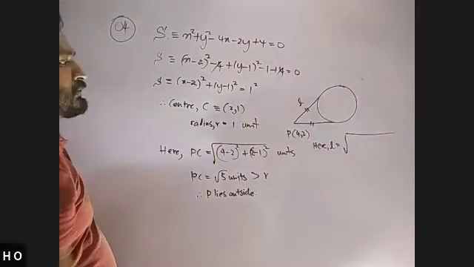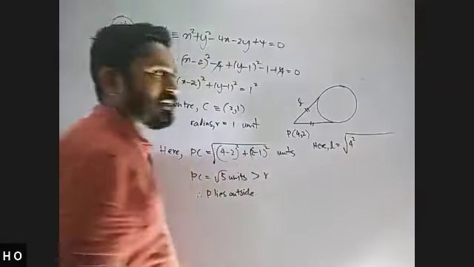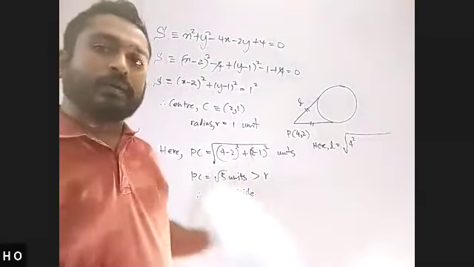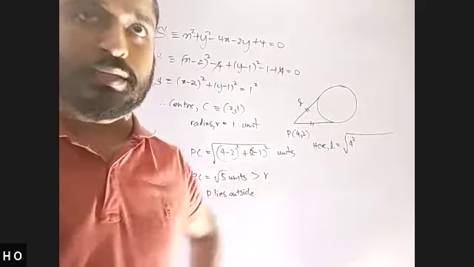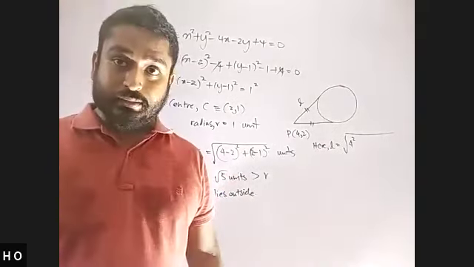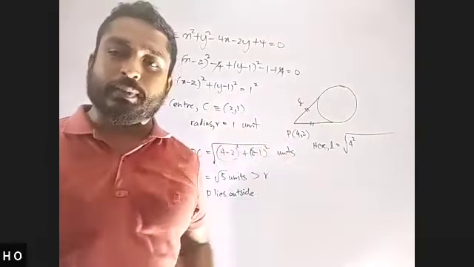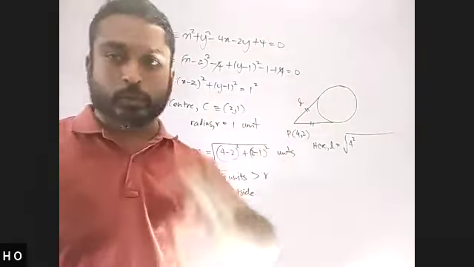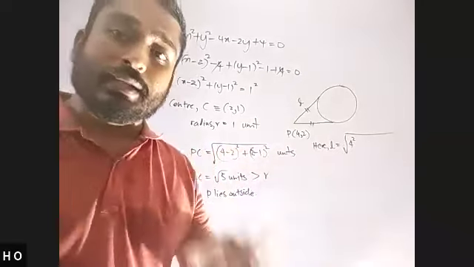To find the length, you have to directly substitute the coordinates into the circle. So just remind the formula: once the point outside is x naught, y naught, and the circle is given as S: x squared plus y squared plus 2gx plus 2fy plus c. You replace x's and y's by x naught and y naught.